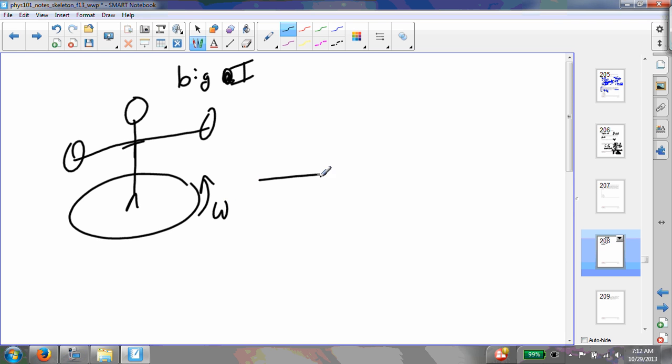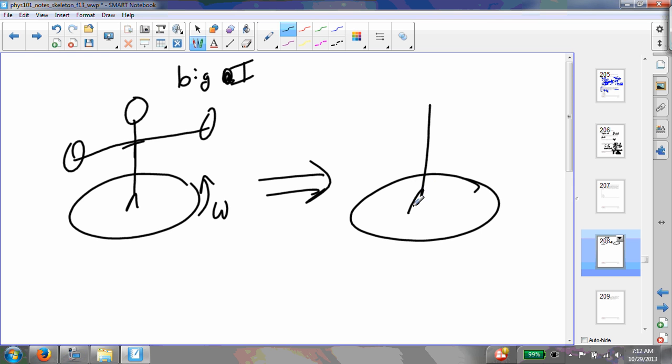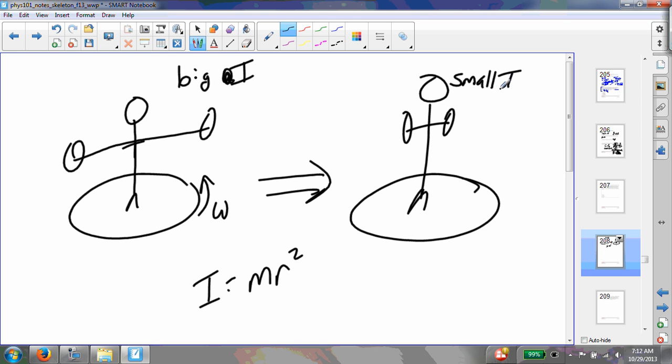Now, let's say that he draws his arms in. So now he has those two big weights, and he's pulled them in. Now remember, I is equal to mr squared. That's the definition for the moment of inertia. So he has decreased r by a bit, kept the mass the same, but that means that he has a small moment of inertia.